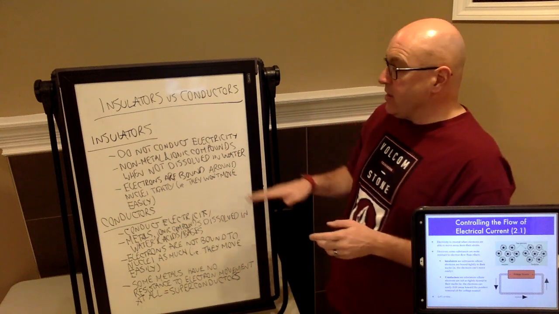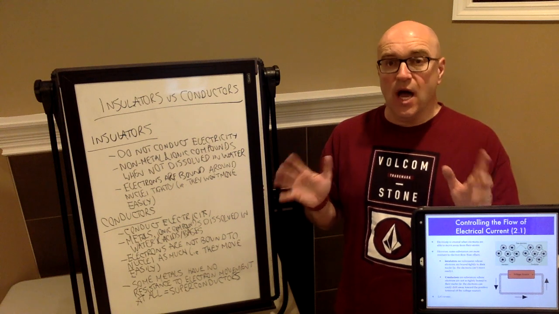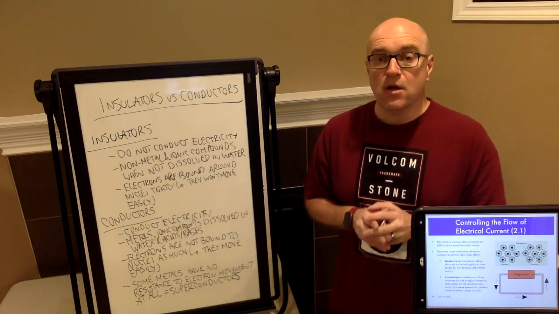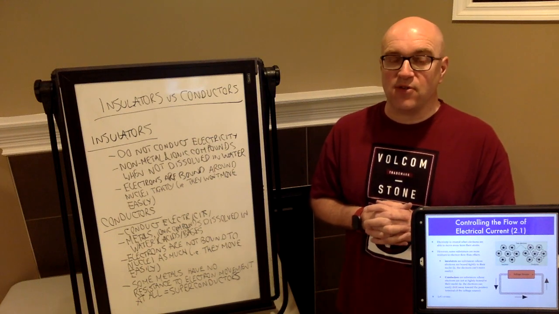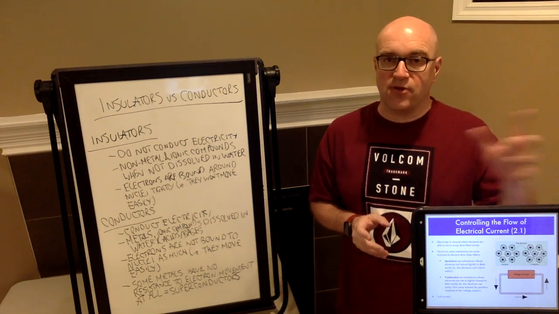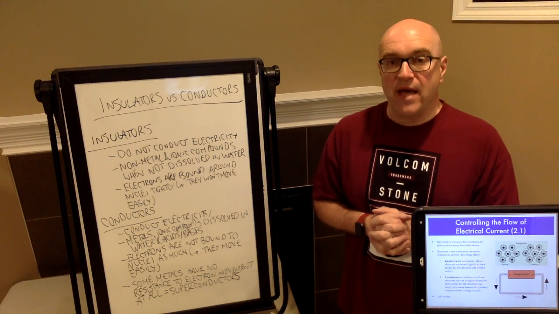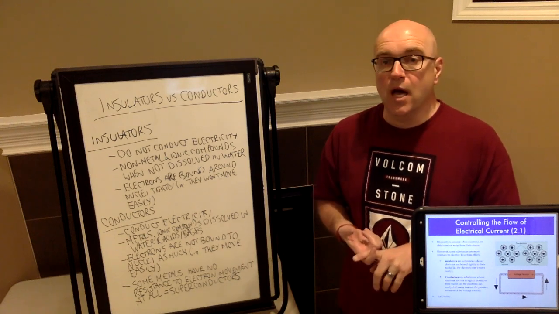So first of all, let's discuss insulators. Insulators, by definition, do not conduct electricity. They do not allow for the movement of electrons. Substances that are insulators, you should be familiar with this. We've discussed this before in this unit, and also in Unit B in the chemistry unit, that insulators include nonmetals.